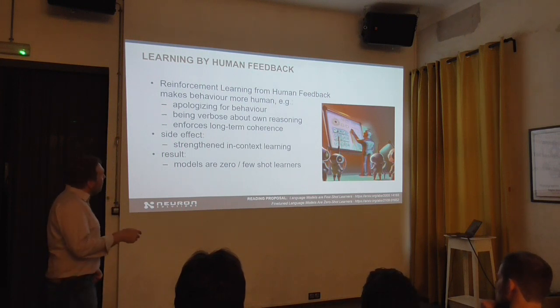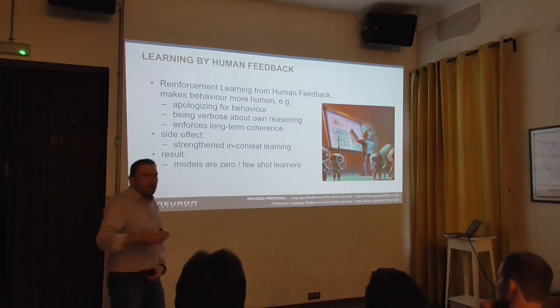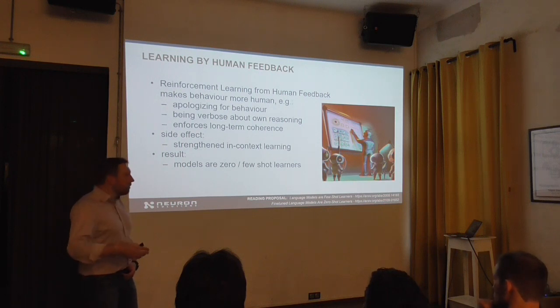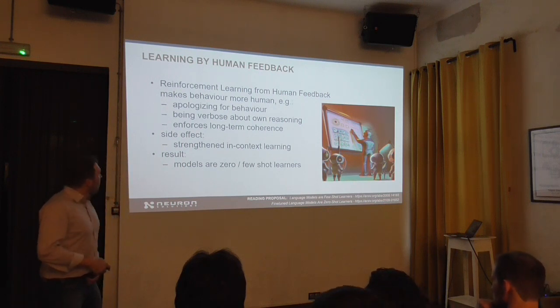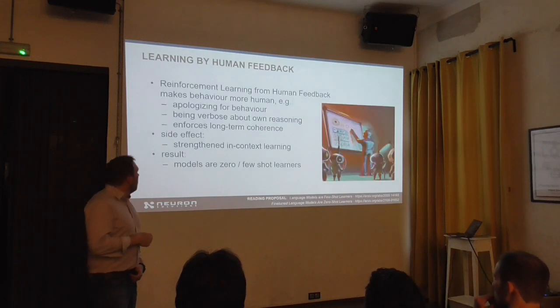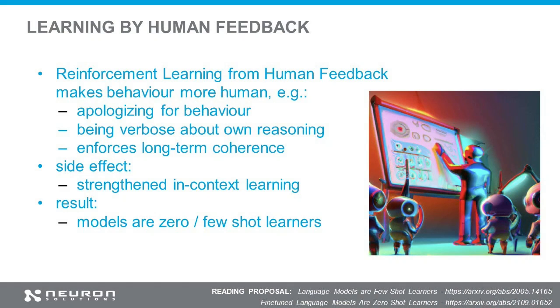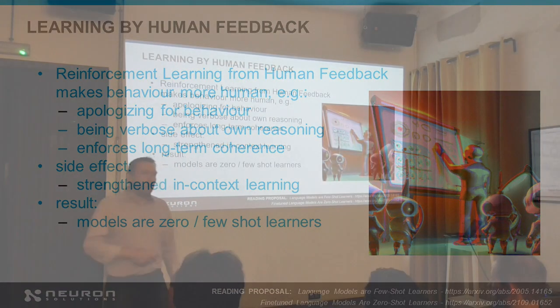In this feedback loop, we helped the model score which answers are good or bad, better or worse, to shape the behavior of the model, or, for example, to enforce long-term coherence. The chat part of ChatGPT means that we have a longer conversation, not just one question and one answer.